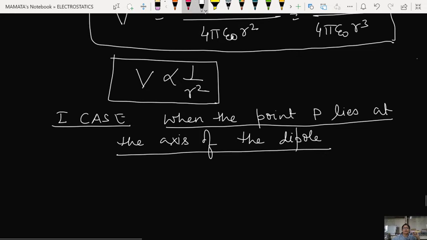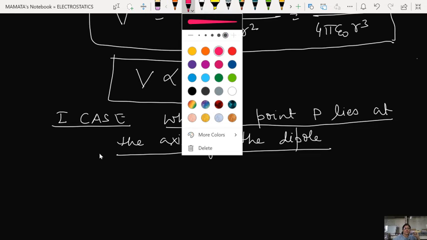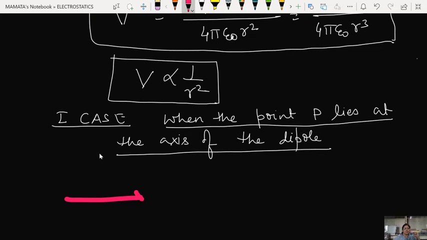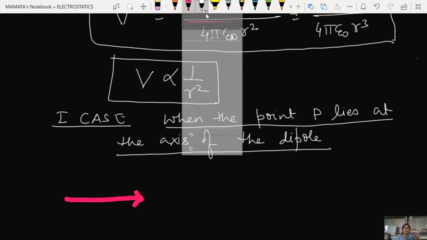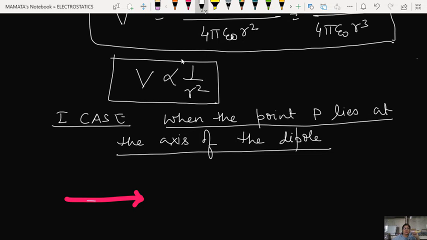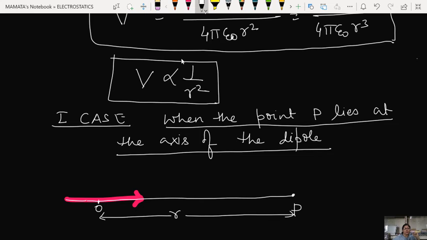If I draw a dipole here like this, it is the dipole axis, and it is point P, situated at distance r from the center of the dipole. It is minus q and it is plus q.